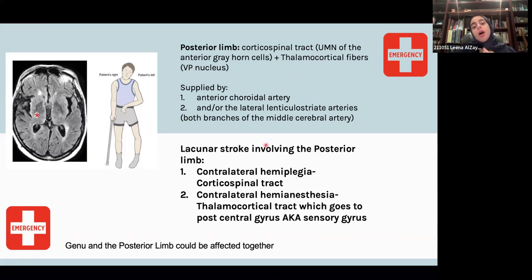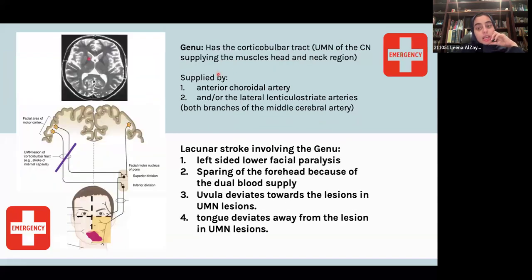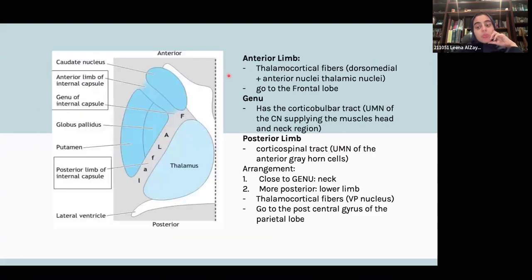And the reason why you have the hemianesthesia or lose the sensation, although we focus on the corticospinal tract and not the other tracts that are responsible for sensations, is because the thalamocortical fibers that are coming from the ventral posterior nucleus of the thalamus are sensory, and they're going to the postcentral gyrus of the parietal lobe, which is a sensory gyrus.